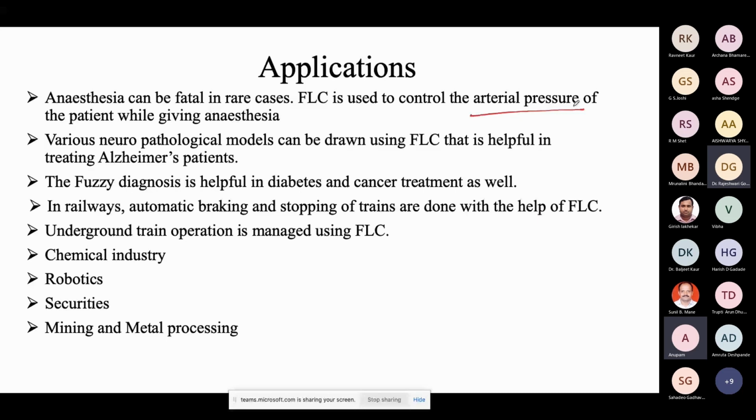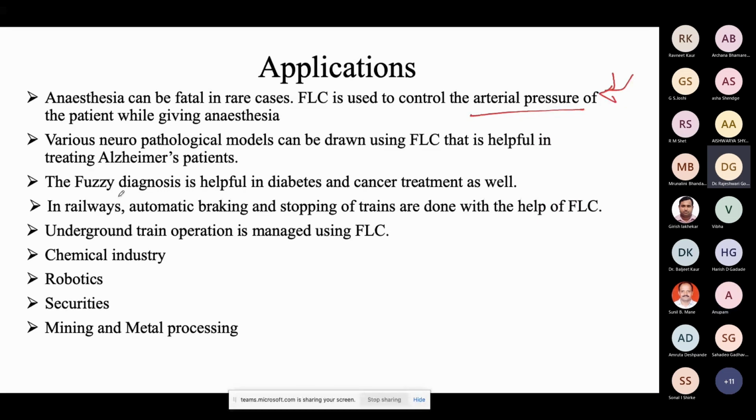If you go and see, I have two papers recently on this arterial pressure control. And various neuropathological models can be drawn using FLC. That helps with, for example, Alzheimer patients, where we may use such fuzzy. Fuzzy is also used for diagnosis of diabetes or cancer patients.